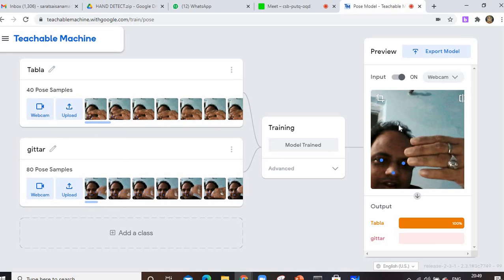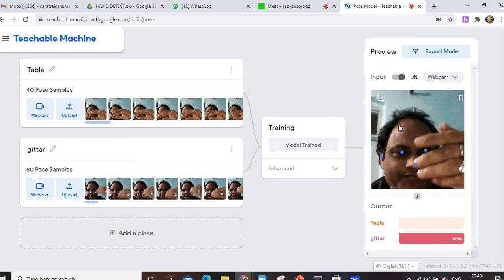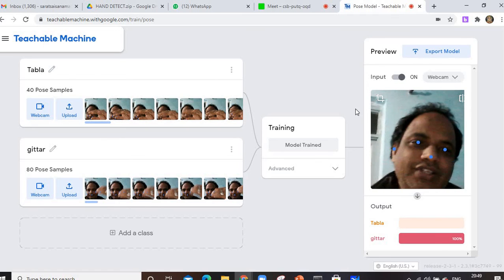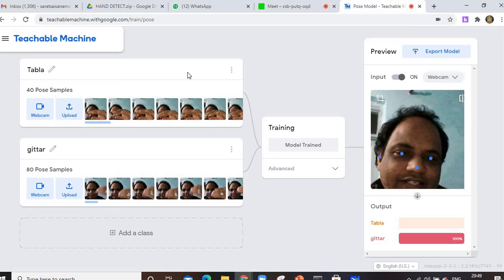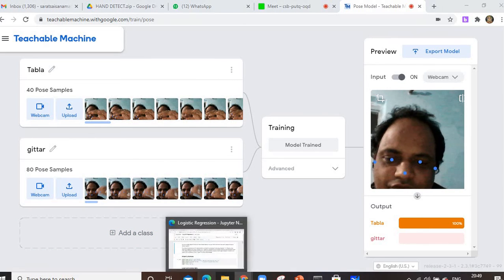And when I change my posture and play the guitar, it tries to detect this is a guitar. Just see. 100%. This type of image classification you will learn in our future classes.